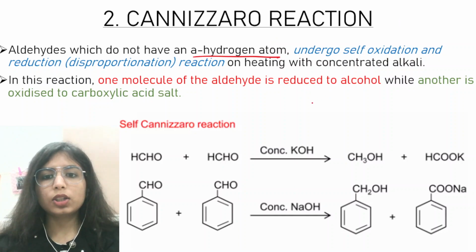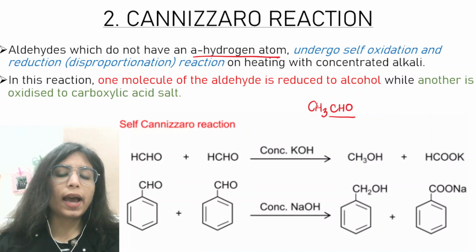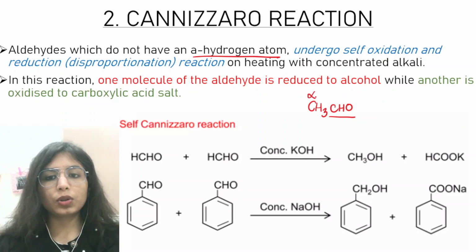Suppose we have CH3CHO. Here CHO is my functional group, and the carbon that is attached adjacent to this carbonyl functional group is this carbon. So this is my alpha carbon, and the hydrogens attached to this carbon are referred to as the alpha hydrogens.